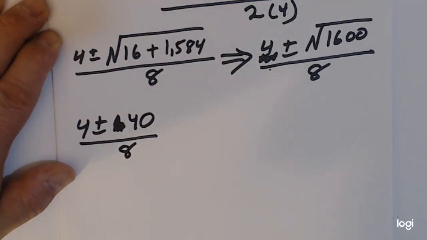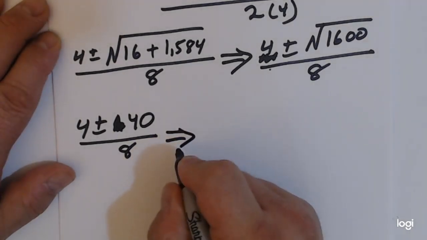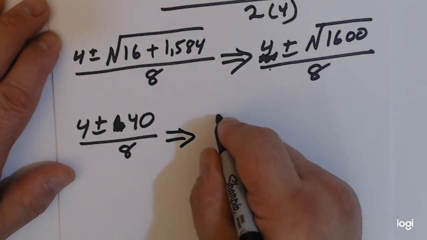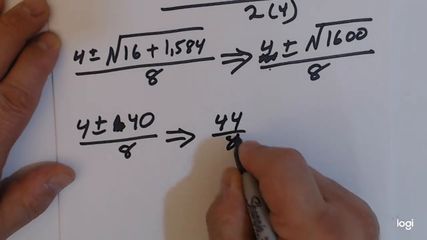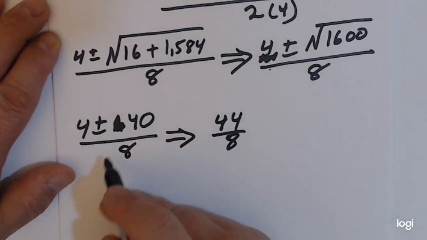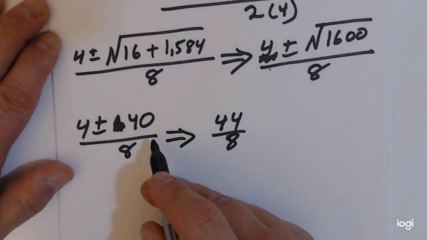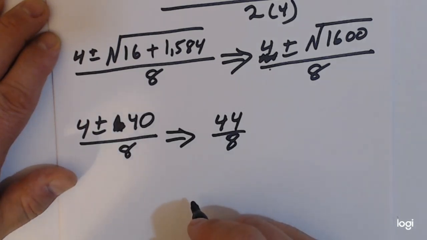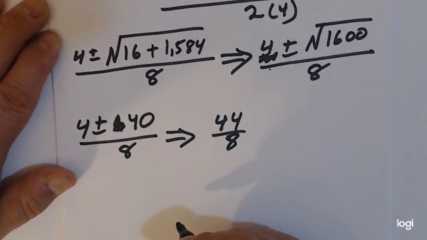All right, so let's see. This is going to give us, well, 4 plus 40 is 44 over 8. And 4 minus 40 is going to give us negative 36 over 8, I believe.